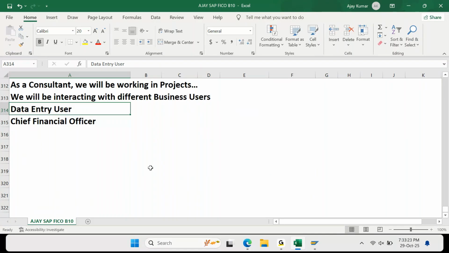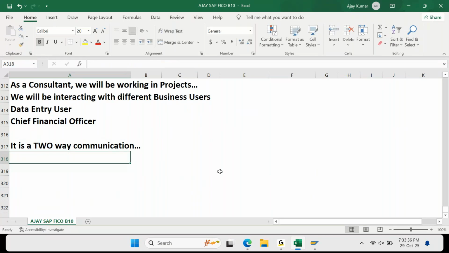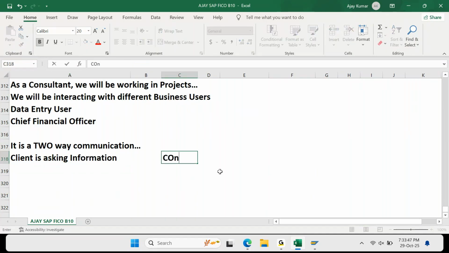And here, when you're talking to so many people, it is a two-way communication. When I say it's a two-way communication, something like the client is asking for information, and the consultant is providing information.